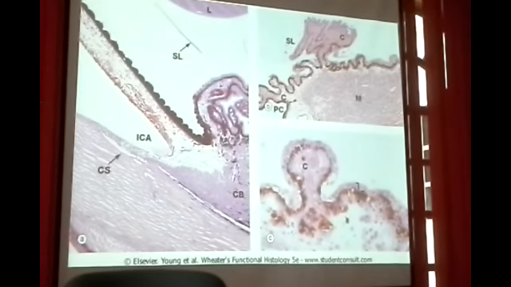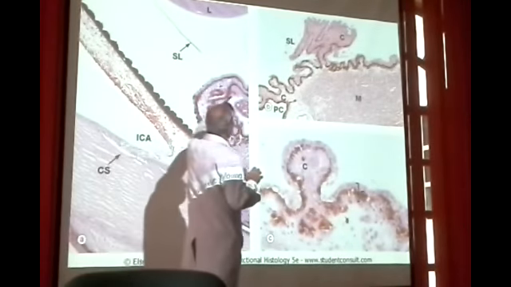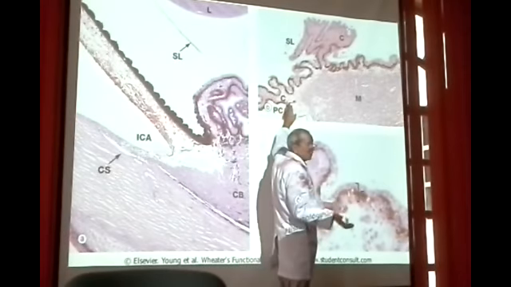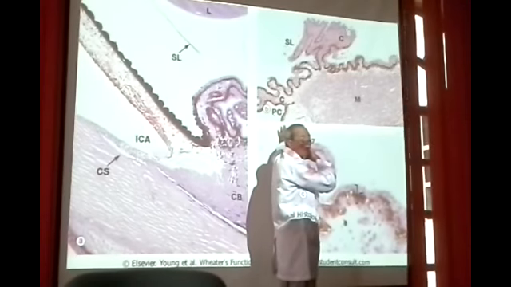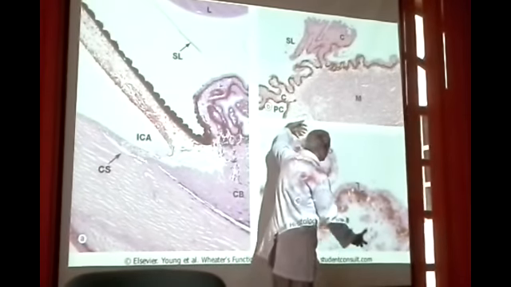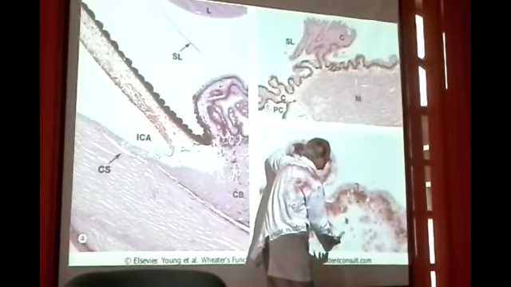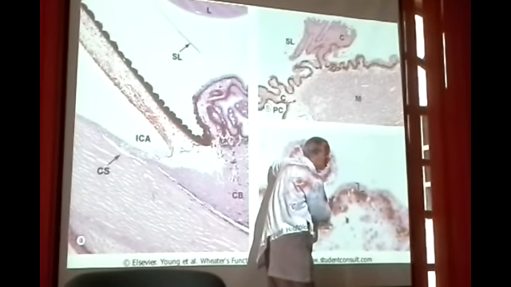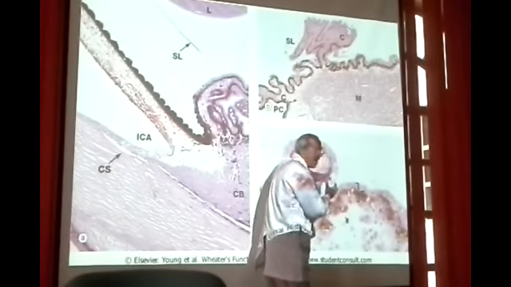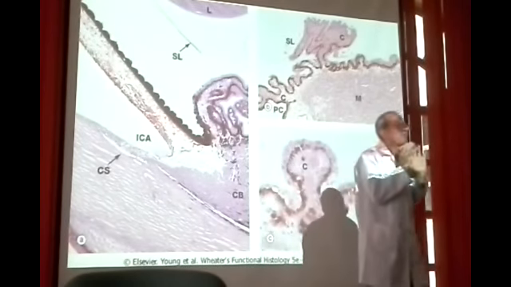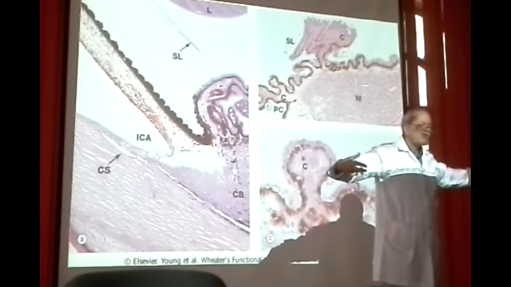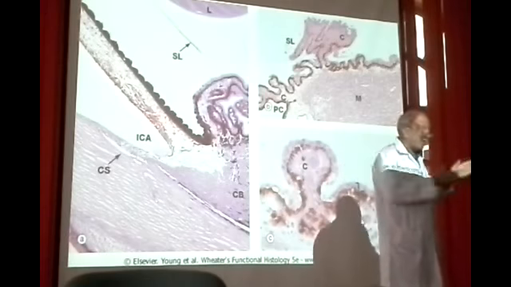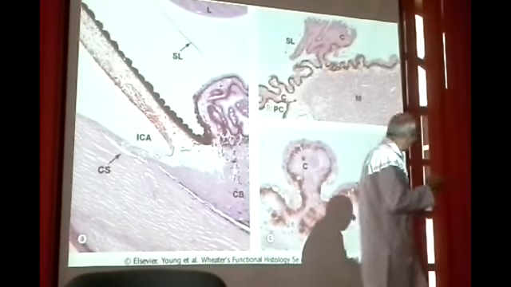Zonule fibers, which are attached from one side to the ciliary body and from the other side to the lens capsule. With contraction of muscles in the ciliary body, relaxation of the zonule fibers occurs, and the lens becomes thicker. With relaxation of the muscle, the zonule fibers are distended, and the lens becomes thinner.